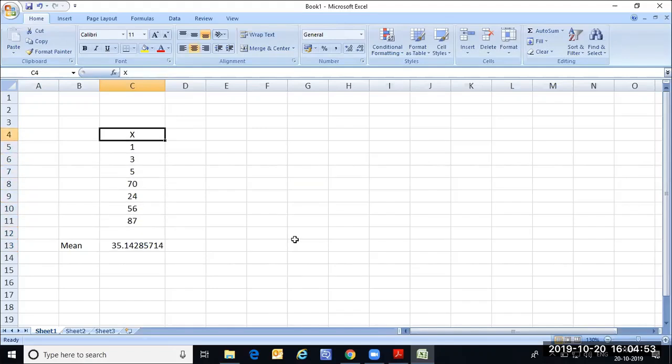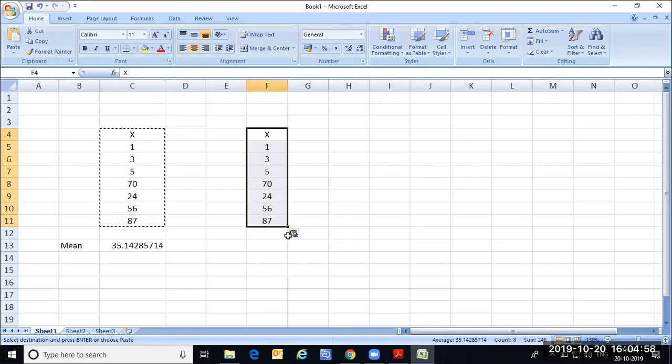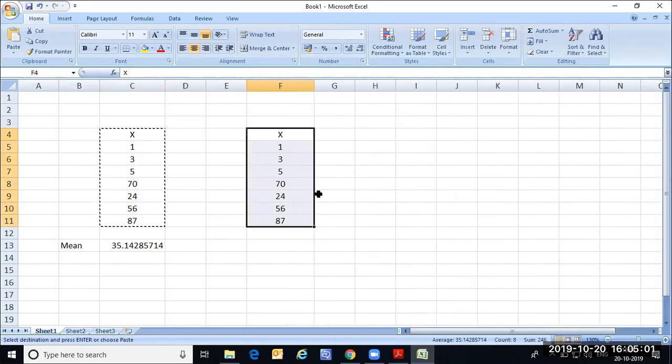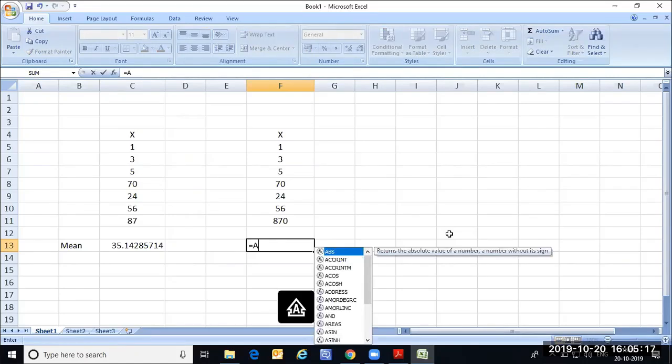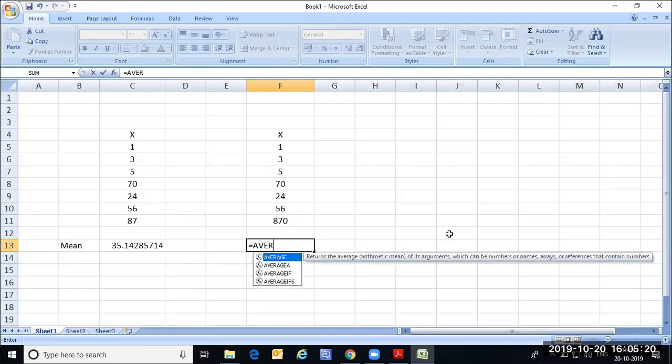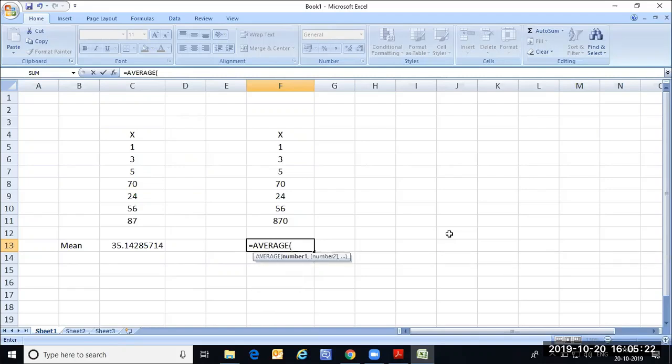Let me take the same data, but this time, instead of 87, let me take 870. Now, if I calculate the mean of it, what happened?